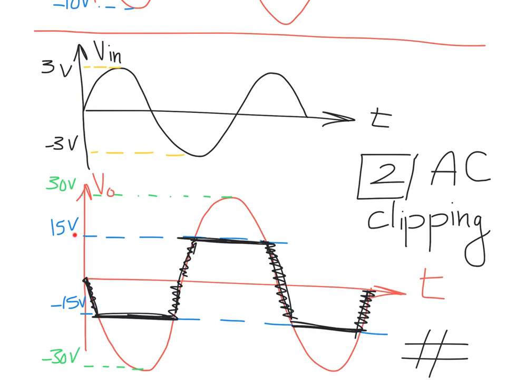So we can draw a straight dotted blue line here at 15 and minus 15, and this will clip the output voltage. It means that anything before this minus 15 will be the same as this black line. If it's beyond minus 15, like minus 15.1, minus 20, minus 25, minus 30, all these values will just give you an output voltage of minus 15 volt.